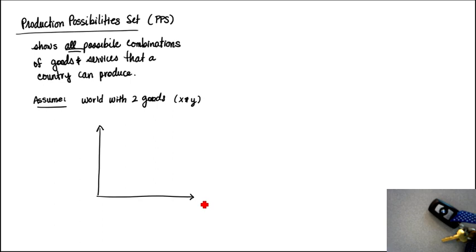We're going to have a two-dimensional graph. And then, if we want to show the maximum that we can produce of good X, let's say it's right here. I randomly picked that point, but make sure you understand how we might calculate it. That would be how much X we can produce if we only produce X. So how much X can we produce if we only produce X?